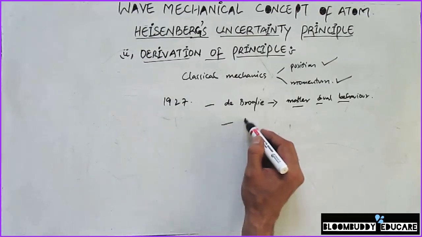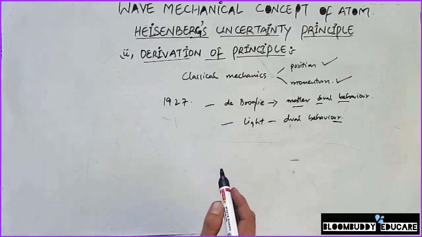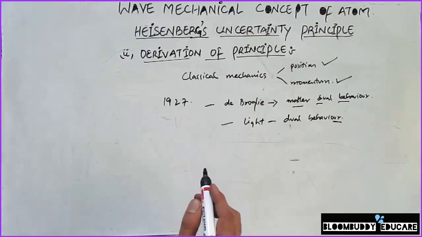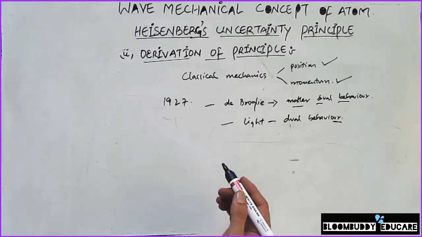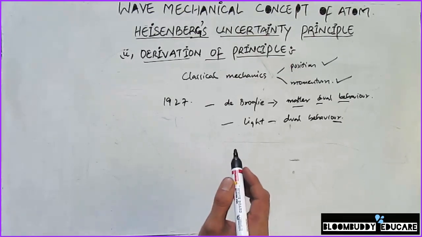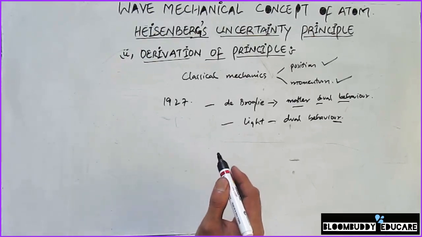We also know that light has dual behavior. According to Heisenberg's uncertainty principle, it's impossible to determine simultaneously both the position and the momentum of an object with certainty. It acquires significance when this principle is applied to elementary particles.